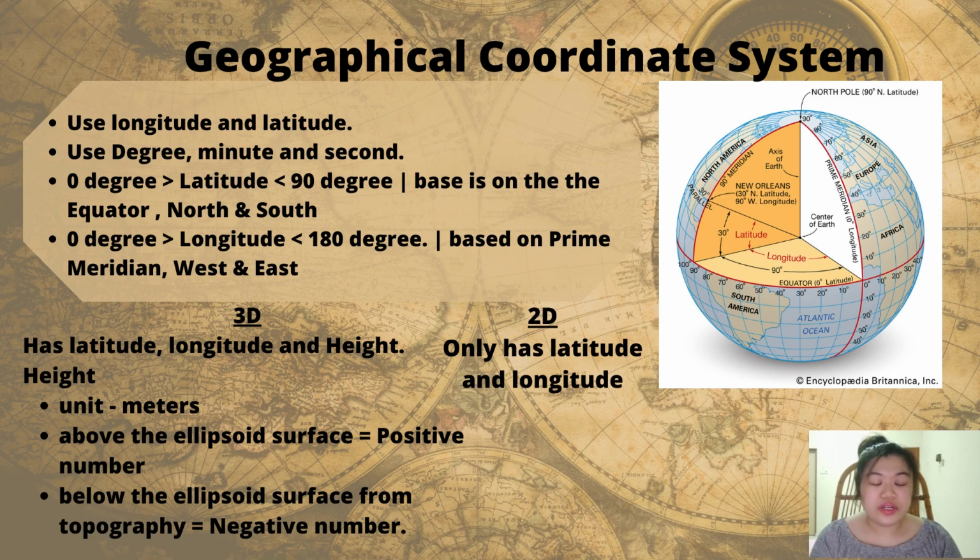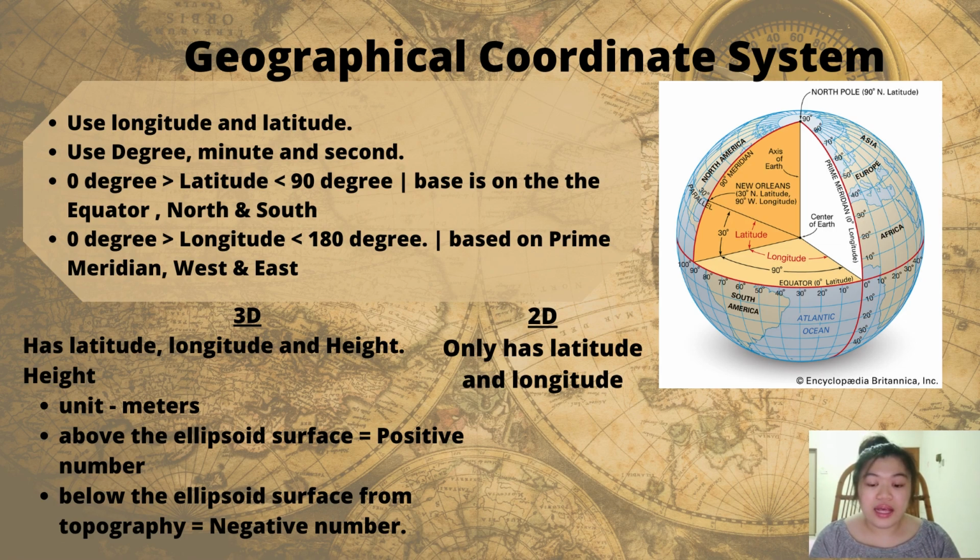The geographical coordinate system has 3D and 2D. For the 3D, it has latitude and longitude, and another is height. For the height, it uses meters. To look at the height, we need to see the ellipsoid surface.